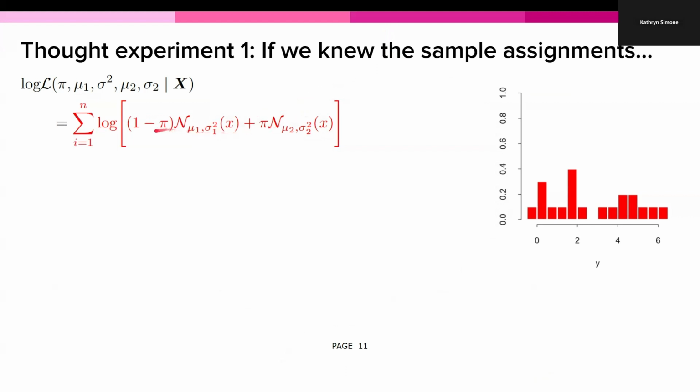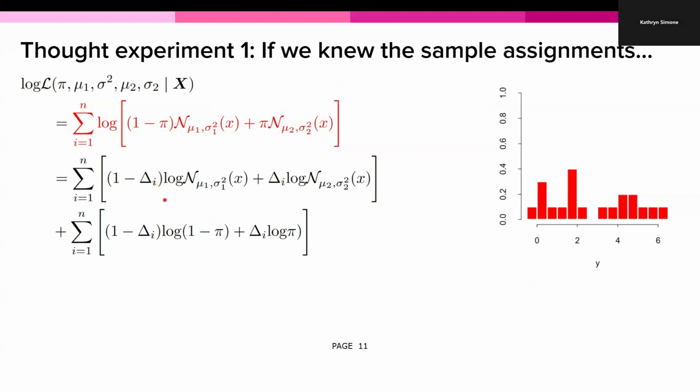With that knowledge, we could introduce delta as an indicator to show which mode each data point belongs to. For example, if delta were 0, we would know that the point comes from the first Gaussian, whereas if delta was 1, it would belong to the second.